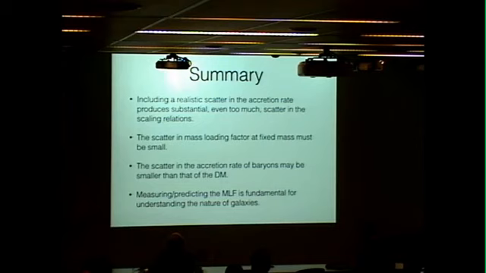The scatter in the accretion rate of baryons may be smaller than that of the dark matter. So it seems like the intrinsic scatter that the galaxy is seeing needs to be smaller than what we would expect from dark matter. And measuring and predicting the mass loading factor is fundamental for understanding the nature of these galaxies, especially dwarfs. Thank you.